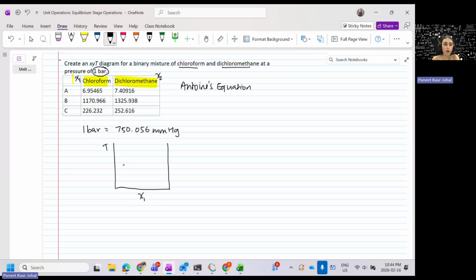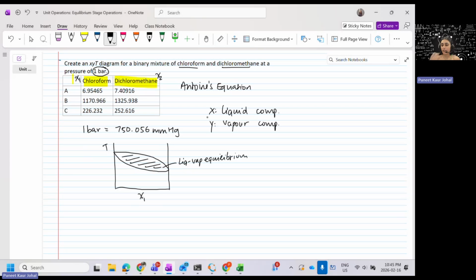And we are hoping to find the liquid component as well as y, the vapor component, so that we can get a plot that will look somewhat like this, where this area is the liquid vapor equilibrium area.